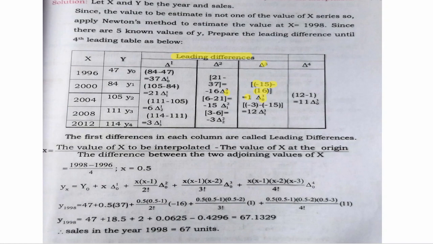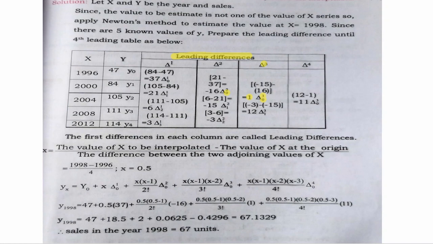So here minus 15 minus of minus 16, minus into minus is plus, so we get 1, delta not to the power of 3.